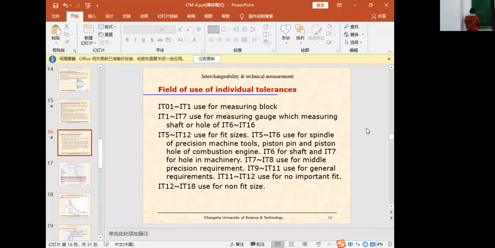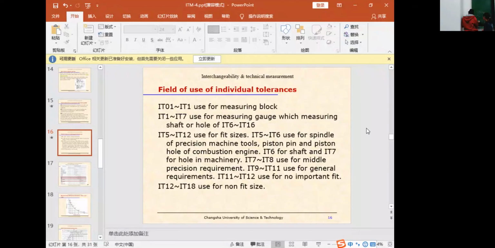Actually, the clearance, like this one. This is the shaft. What's the clearance? That's the interference, like this one. This is the hole and the shaft, here have some overlap. And this is the transition: clearance, interference, like this.